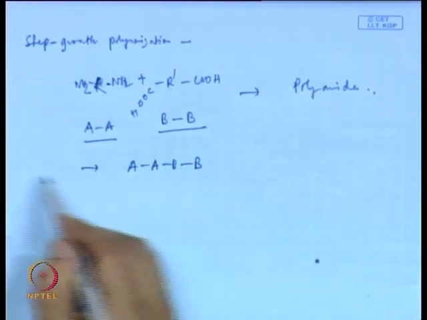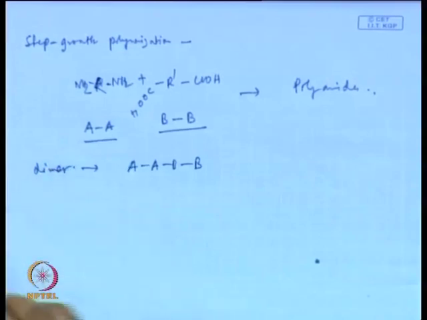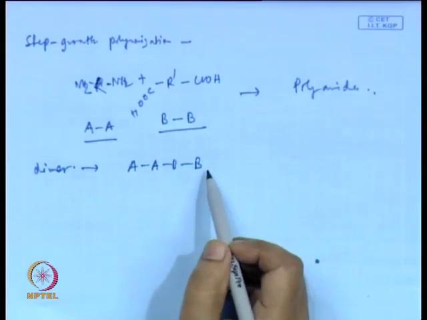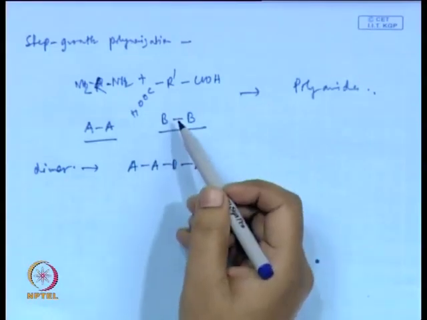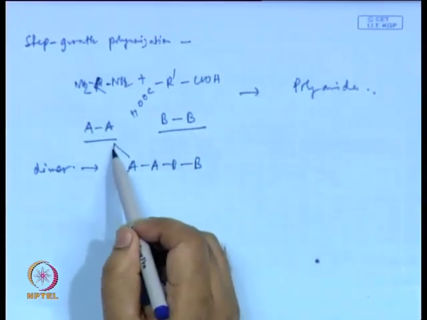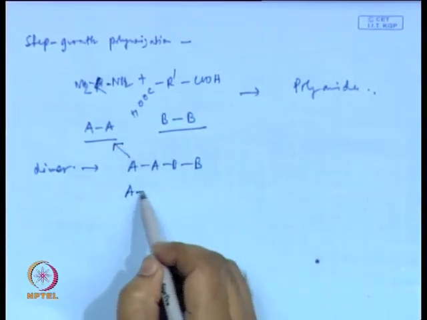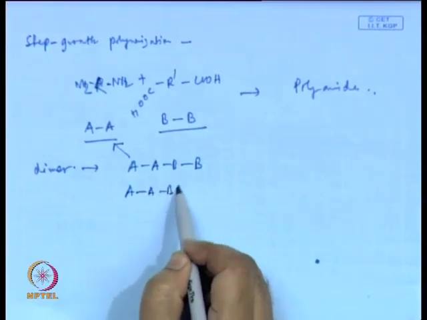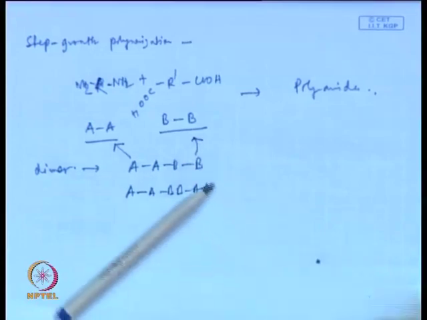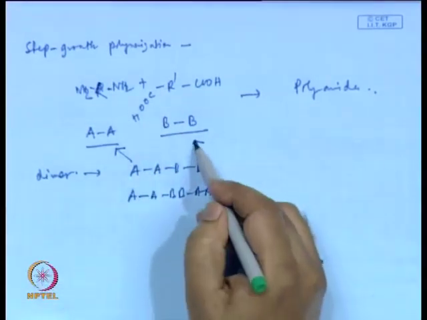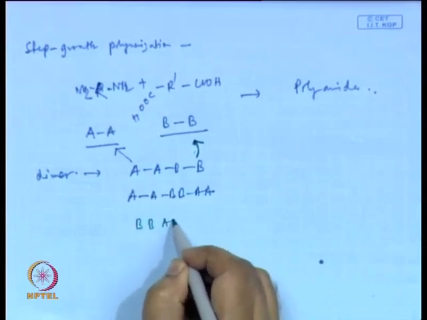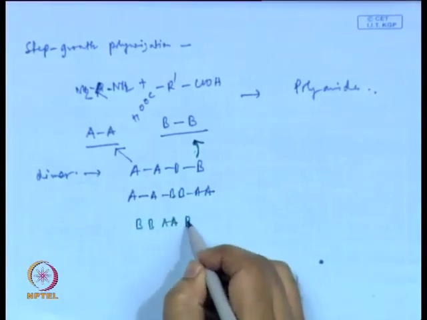So, this is a dimer. Now, this dimer has a choice of reacting with itself or reacting with either of the two monomers. If it reacts with this, you get ABB, again AA. If it reacts with this, then you get BB, AA and BB.